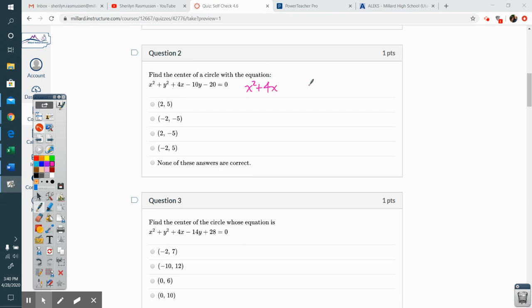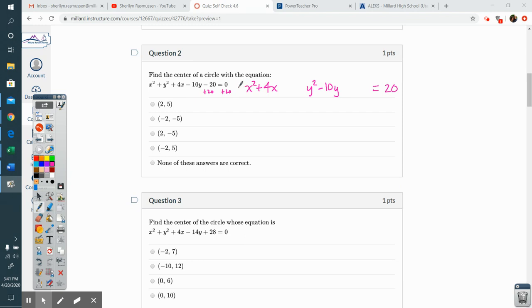My y's are y squared and negative 10y. I left a space behind the x's, space behind the y's, and negative 20 right here, so I add 20 to both sides to get it on the other side. So on this side, I have a positive 20.